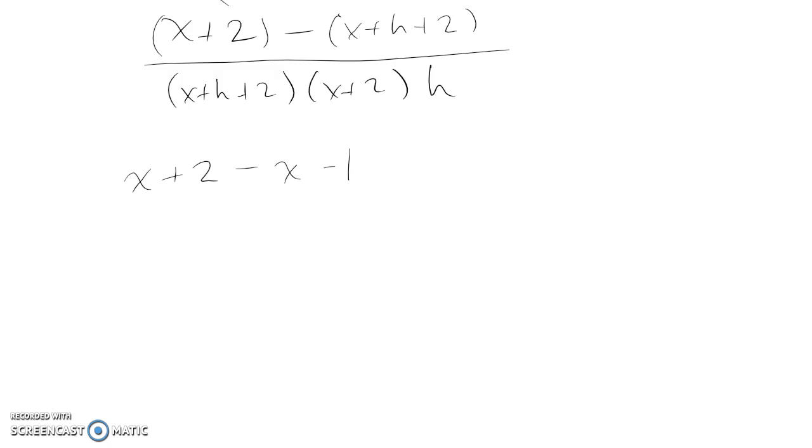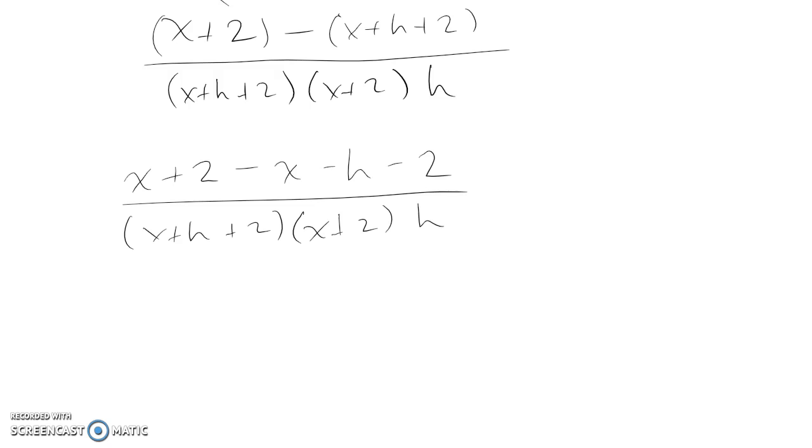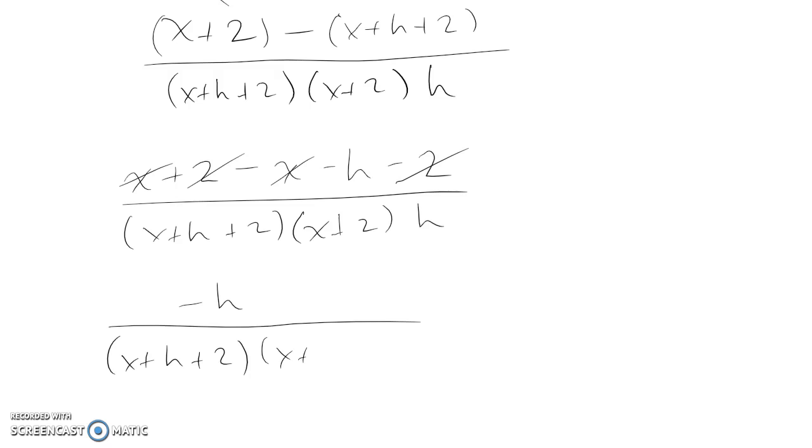So we get minus x minus h minus 2 all over x plus h plus 2 times x plus 2 times h. And then we can combine like terms. x minus x cancel, 2 minus 2 cancel, and we're left with minus h over x plus h plus 2 times x plus 2 times h.